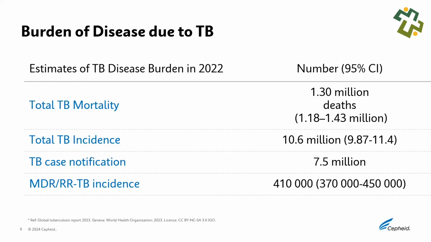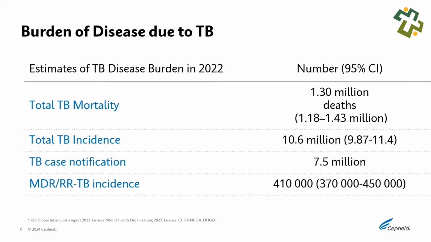In this slide, we're reflecting first on the global matters. We can see that TB mortality was estimated by 2022 to be 1.30 million deaths, and the incidence was estimated to be 10.6 million. For TB case notifications, we know that TB is a notifiable medical condition, and this was 7.5 million.